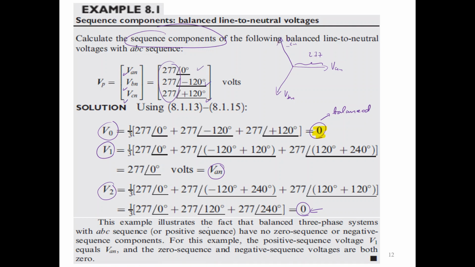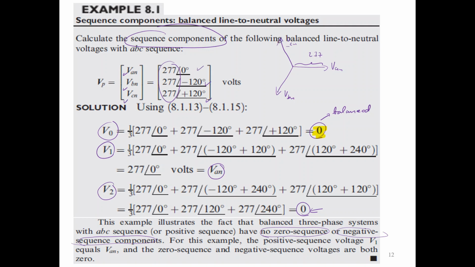This example illustrates the fact that balanced three-phase systems with ABC sequence, or positive sequence, have no zero sequence or negative sequence. It doesn't have any negative sequence component, right? Because we gave the positive sequence phase quantities, you would get just the positive sequence.